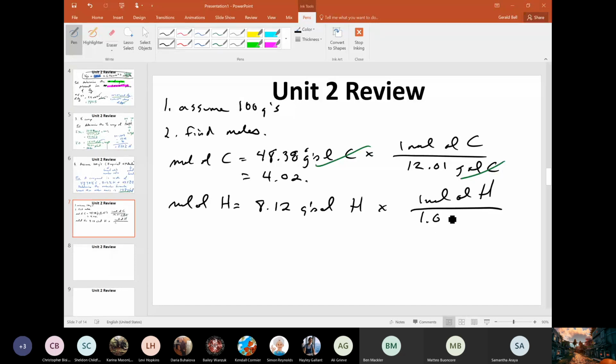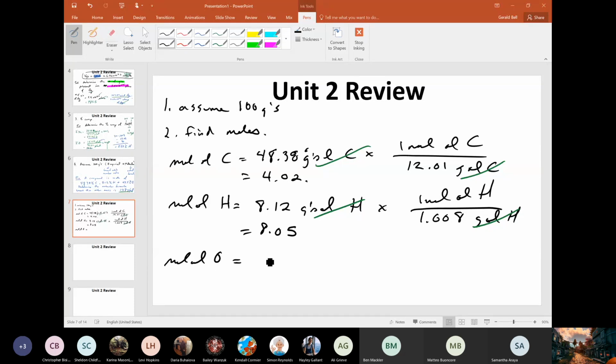Then you look up what hydrogen weighs, and there's just 1 of them. So we get 8.12 divided by 1.008 equals 8.05. And lastly, on to oxygen.